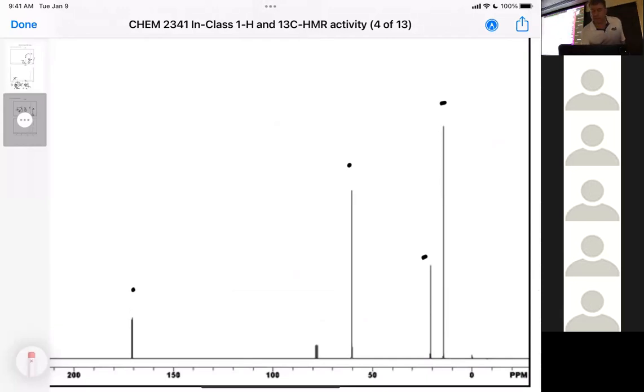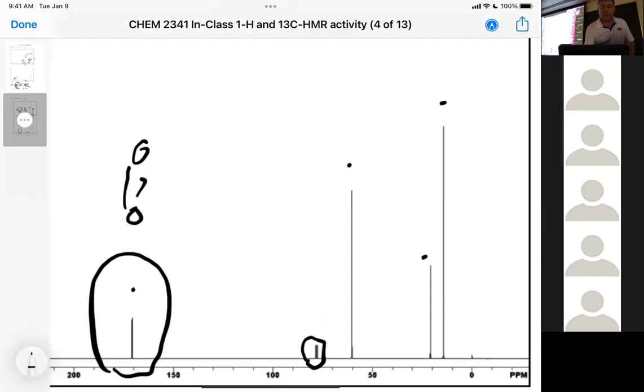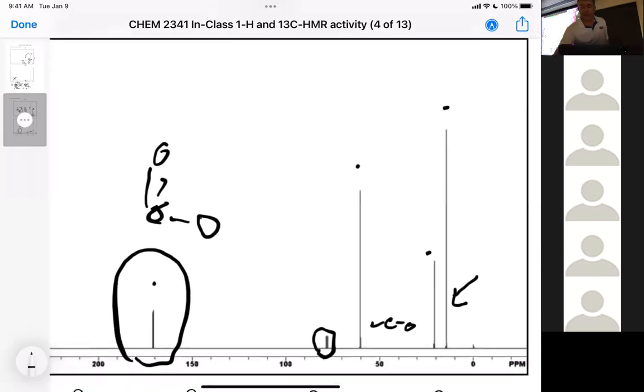This right here is the solvent, and it's 3 little peaks together, and so that's how we know it's a solvent. Anyway, and we have something up here. So this again has to be a carbonyl next to an electronegative atom like oxygen. This is probably a carbon bonded to an oxygen, and these two are probably far away from it. Okay, so that's the evidence we have.